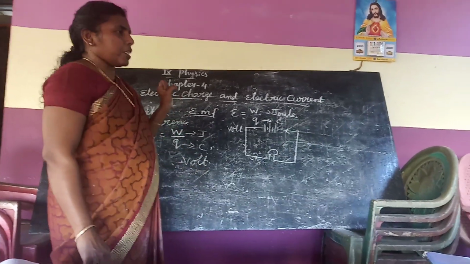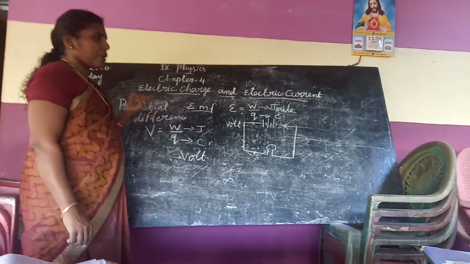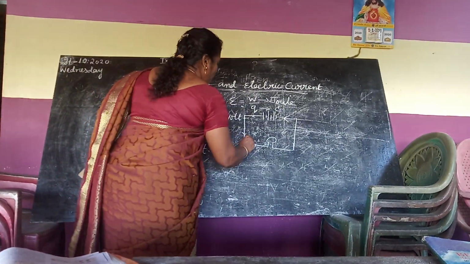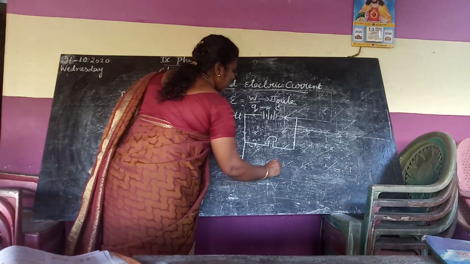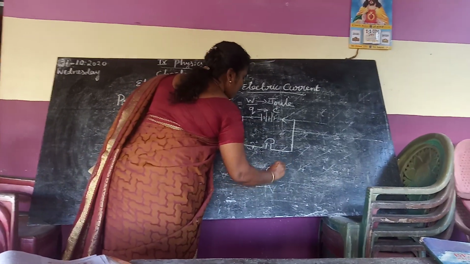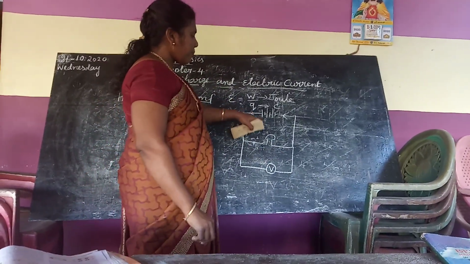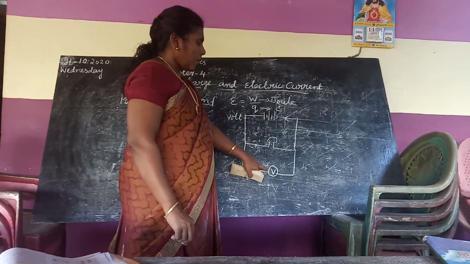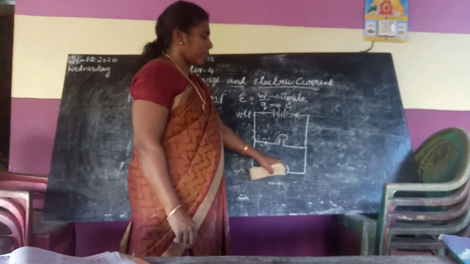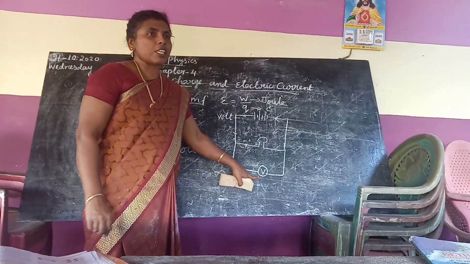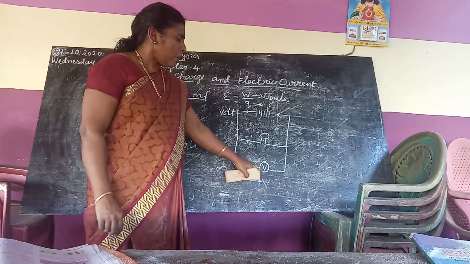Now, the voltmeter. How should we find the potential difference? The voltmeter is always connected in parallel in the circuit. Here we have a battery, bulb and voltmeter. What is the use of this voltmeter?